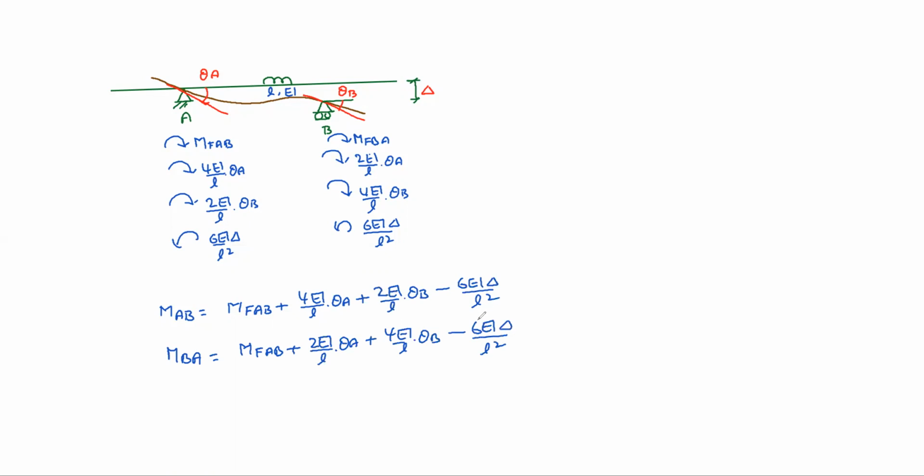Sometimes the left support may be sunken. Then plus will come. If the right support is sunken, then minus. Otherwise, if left is sunken, then it will be plus only. So accordingly, we need to frame the equations. So after framing equations, by using force equilibrium conditions at the supports, we can solve the problem.